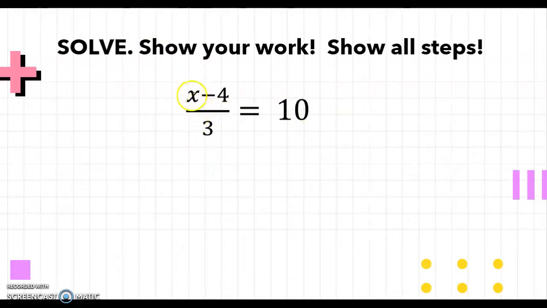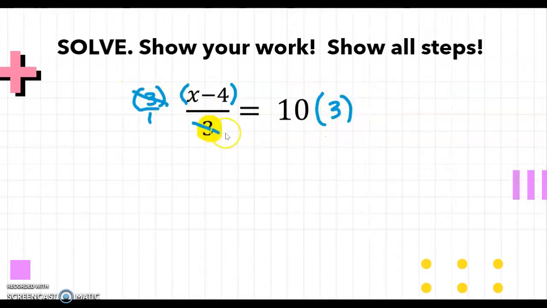Here we have a number minus 4 divided by 3 will give us 10. Whenever you see this situation, remember this x minus 4 can be grouped together. So we want to first handle this 3. We want to move the 3 to the other side. Since we're dividing by 3, to do that, we're going to multiply each side by 3, just like this.